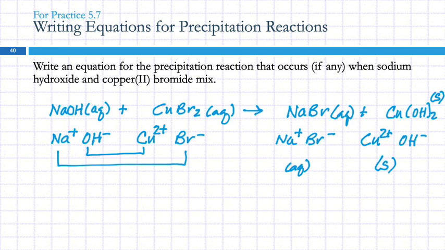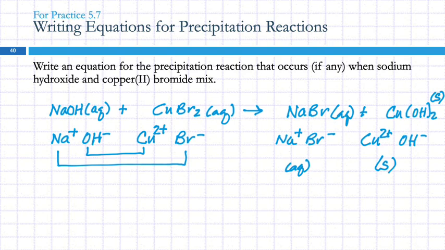So I've got my compounds for my reactants and my products, and now I'm going to balance the equation. Here I've got one sodium and one sodium, so that's all good. And the hydroxide is a polyatomic ion, and it stays together. I've got hydroxide here, and I've got hydroxide over there, so I can balance that as a unit. I've got one hydroxide over here, and over here I have 2 hydroxides.